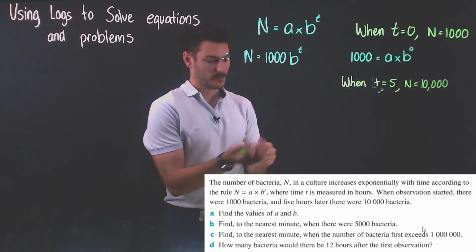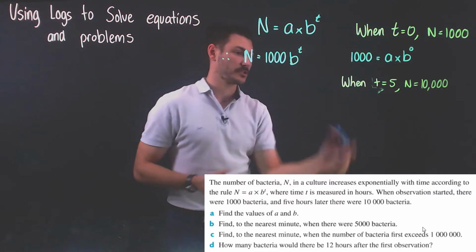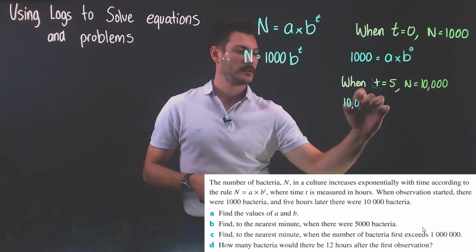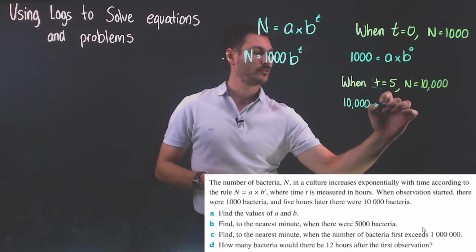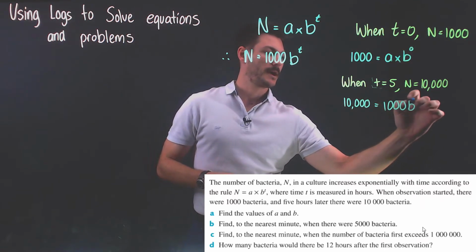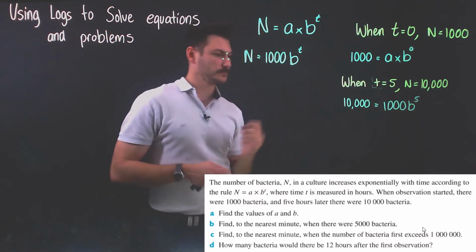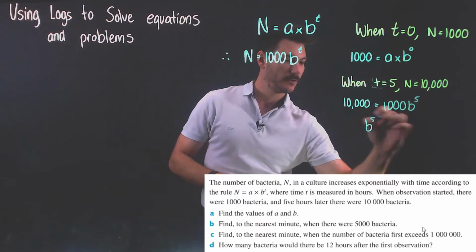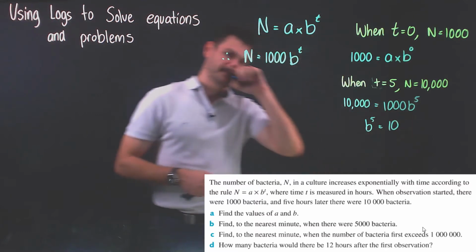And therefore, we're going to substitute into this new expression, not the original expression. And we're going to get 10,000 equals 1,000 B to the power of 5. Divide both sides by 1,000. And I get B to the 5th equals 10.